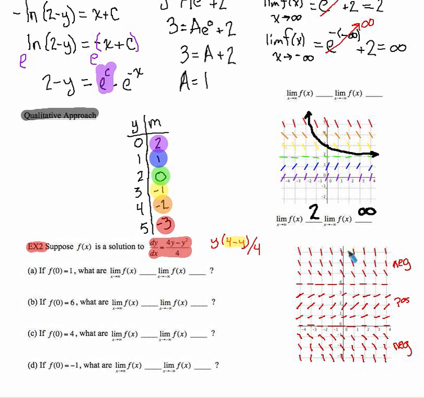So up in here, as we get further up the y-axis, our slopes get steeper. And since our slope is defined merely by the y position, then we end up with these slope fields that have all of these horizontal parallel slopes, if you will.